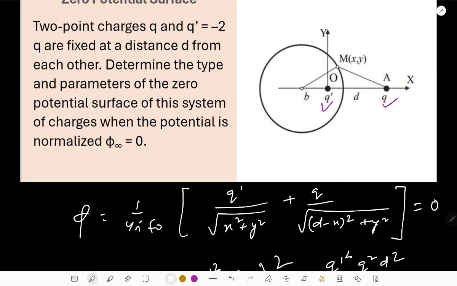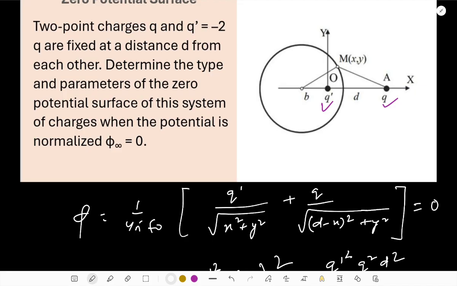If you generate this circle, you will get a sphere, that is your zero potential surface. So we need to do nothing, just take a coordinate axis, consider a point where potential is equal to 0, write down the potential and solve it. You will get the result.